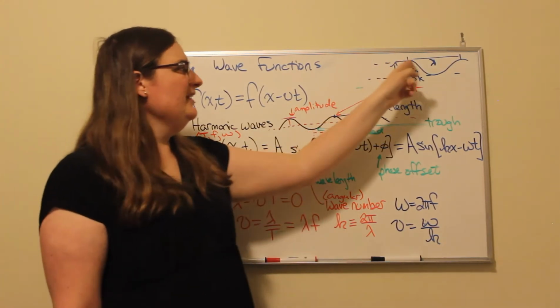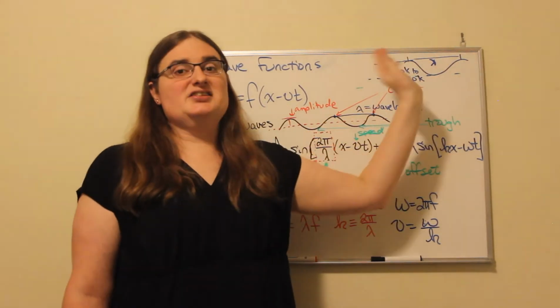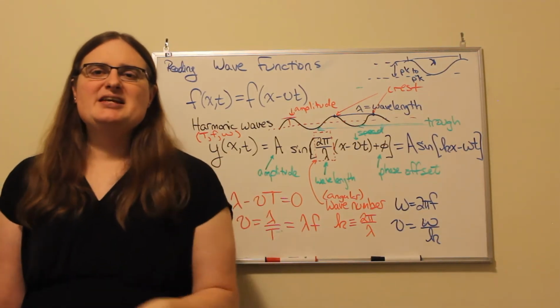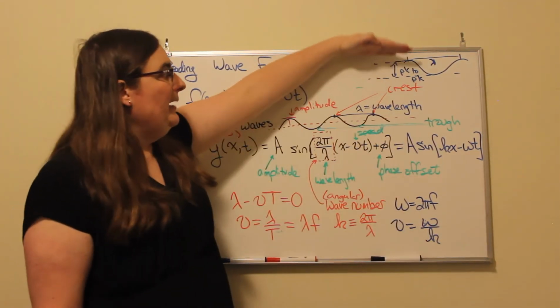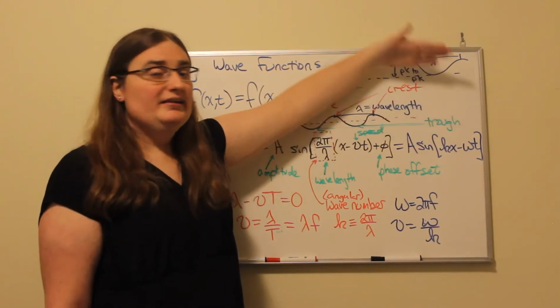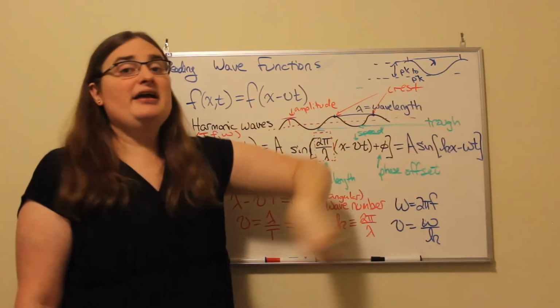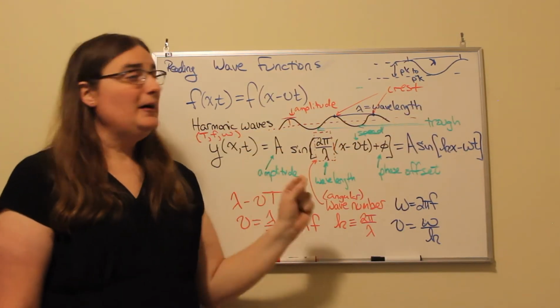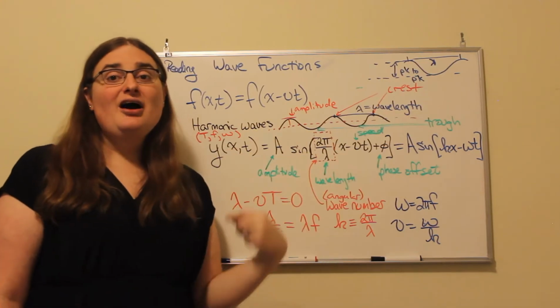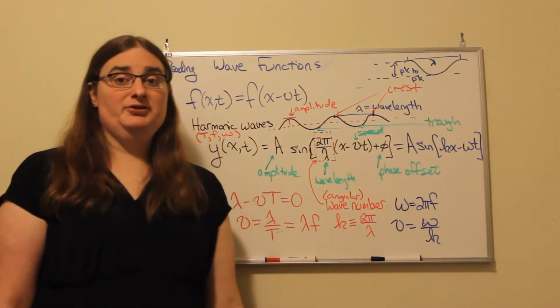And you might think, well, peak-to-peak, that's crest to crest, which would be a measurement of the wavelength. What people mean when they say peak-to-peak is from the positive peak, the upper peak, to the lower peak, the difference between crests and troughs. And for any harmonic wave, peak-to-peak differences are exactly twice the amplitude.